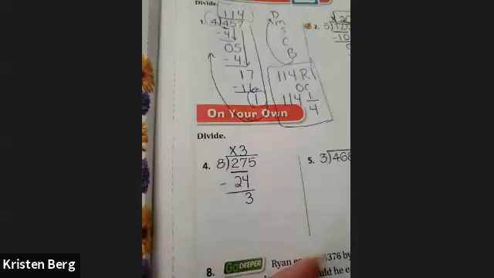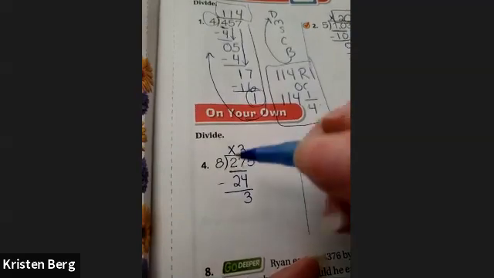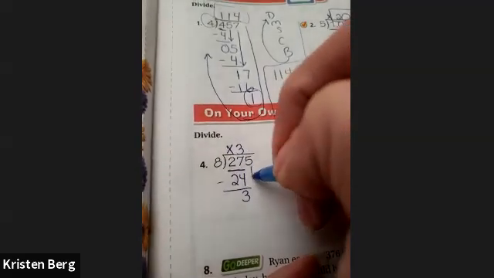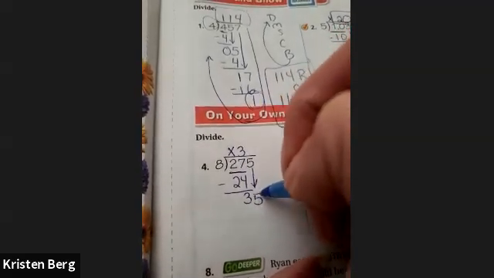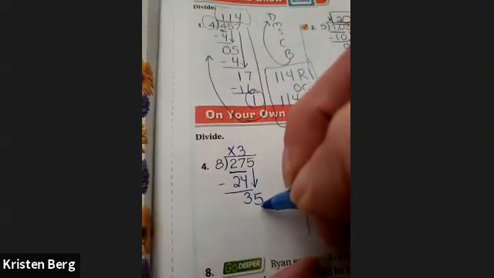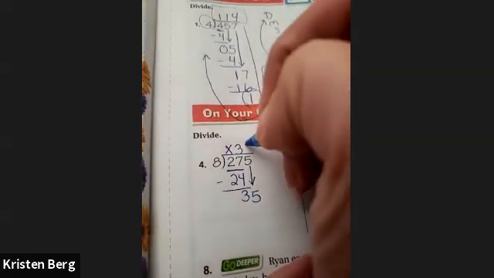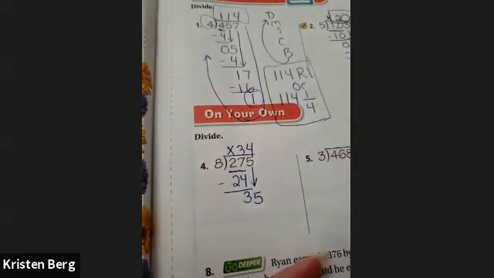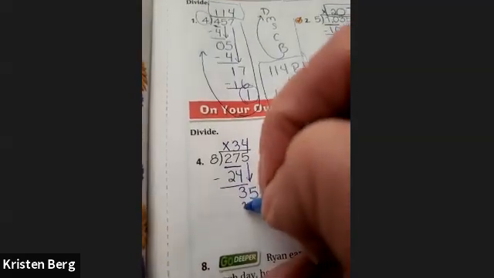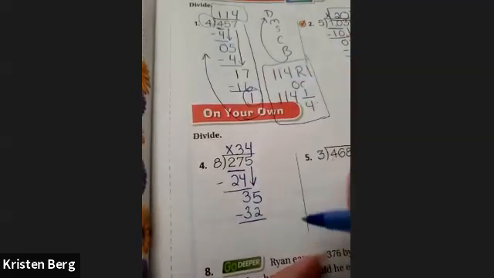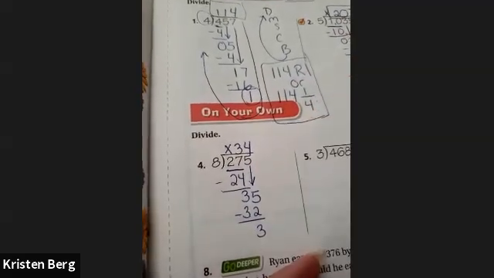And if you subtract that, that would be a 3. You would check it. Yes, it is smaller, so I can bring down my next number, which is a 5. How many 8s can go into 35, or as close to 35 without going over? It would have been 4 times, which is 32. 8 times 4 is 32. When you subtract, that would be a 3.